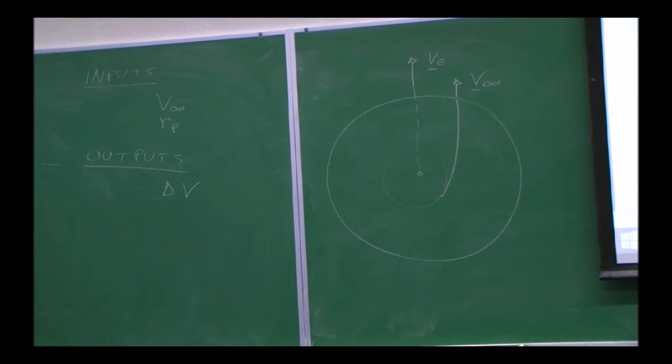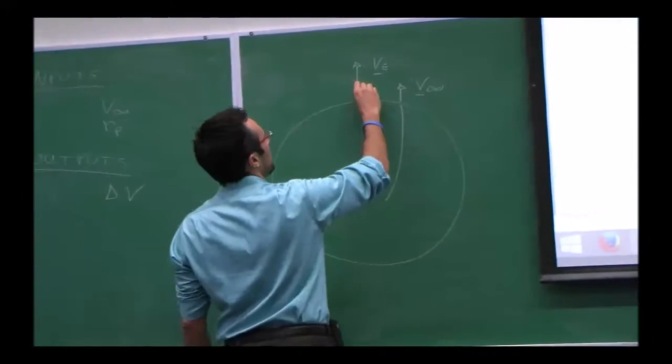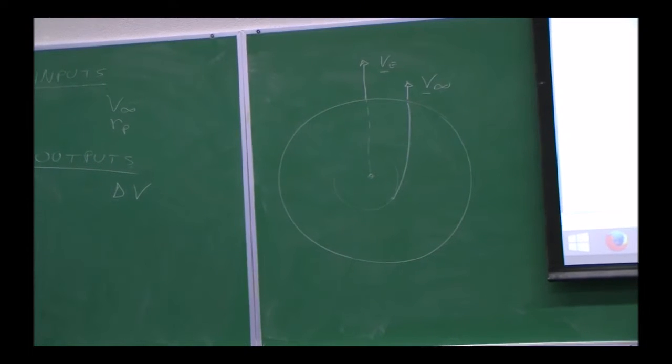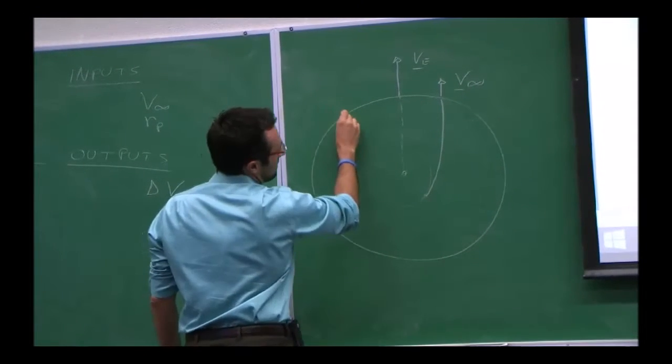That's what we do if we do a Hohmann transfer, right? You can't add V infinity at an angle with respect to the velocity of the Earth, otherwise you're not going to be on this cruise trajectory, right? So we said that we figure out the beta angle, right?